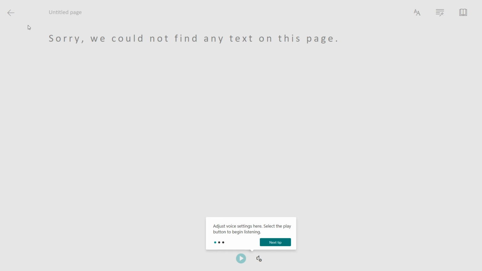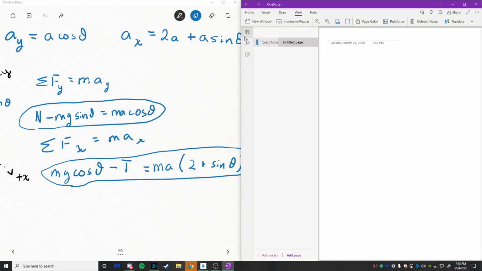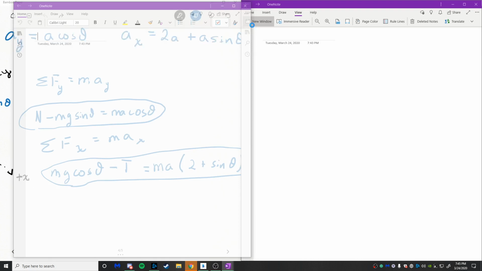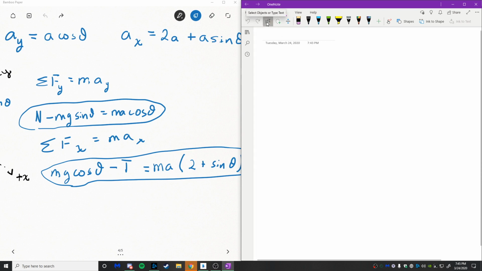Sorry, first time I've ever seen this program before. Quick notes, untitled page. Okay. New window. Draw. Yeah, that's right. Good call.